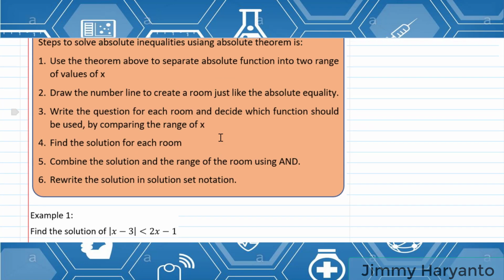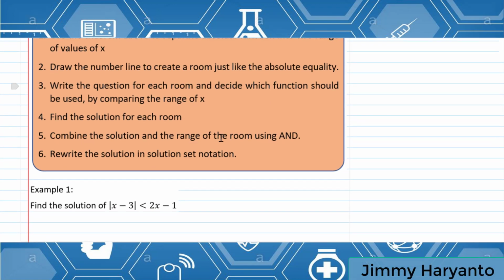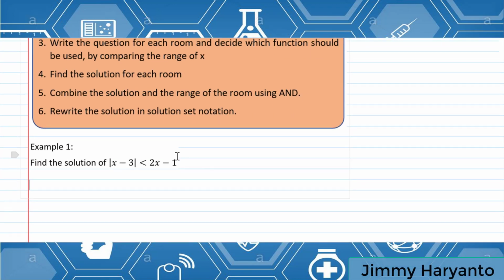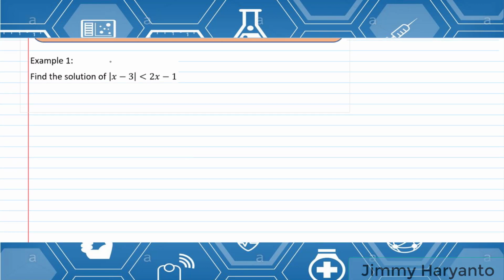If you have a different kind of inequality, you have to follow these steps, because you already learned this in the absolute equality. So I will give a quick explanation for step 1.